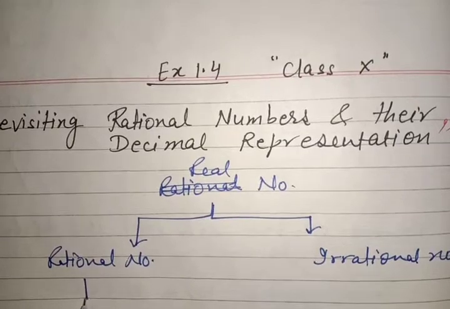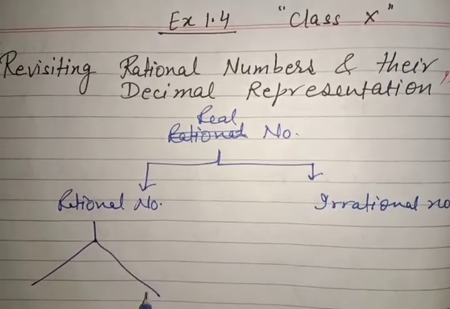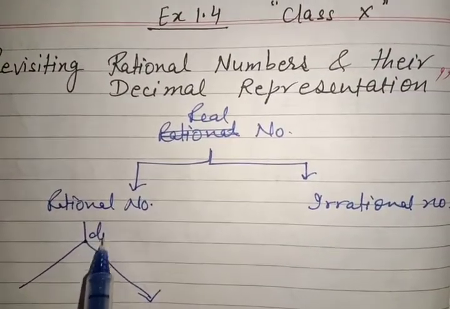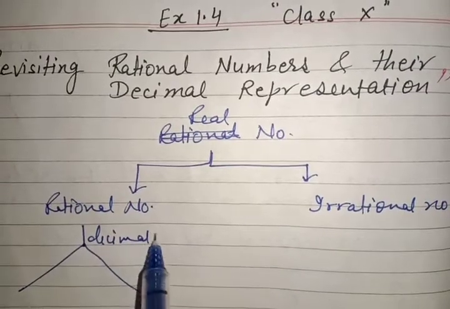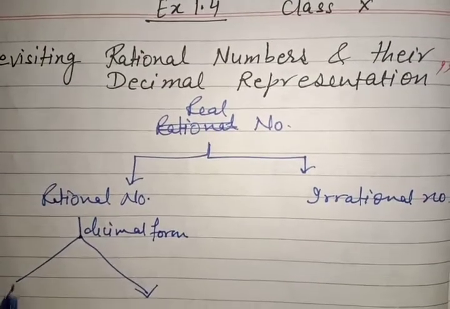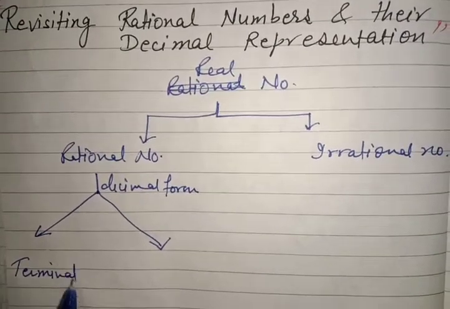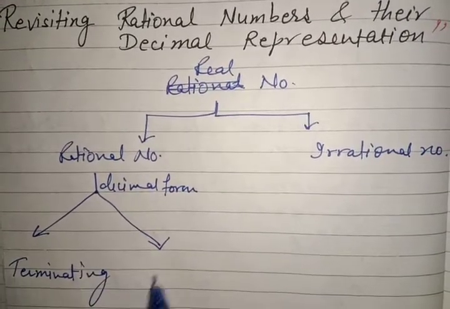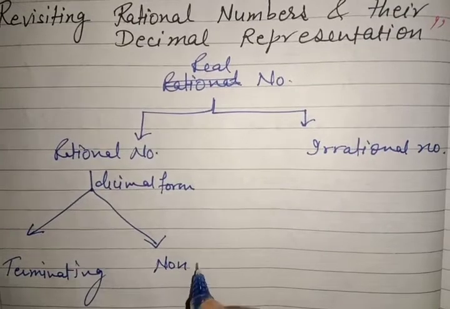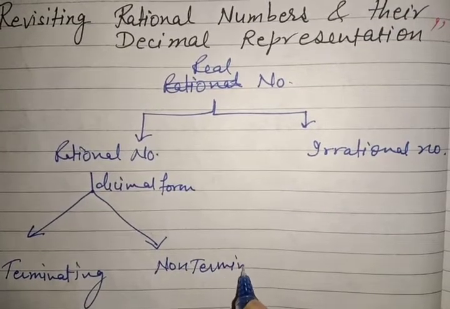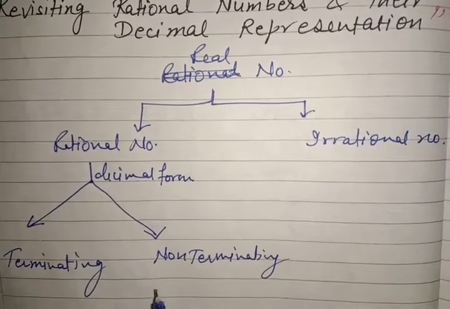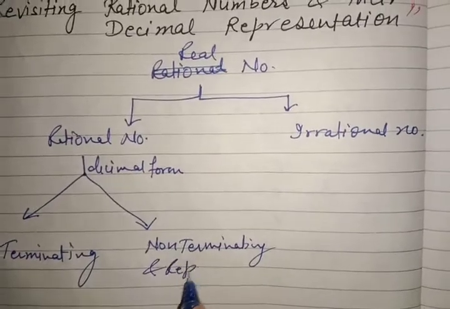Rational numbers, if we convert them into decimal form, are further categorized into terminating, and non-terminating and repeating.